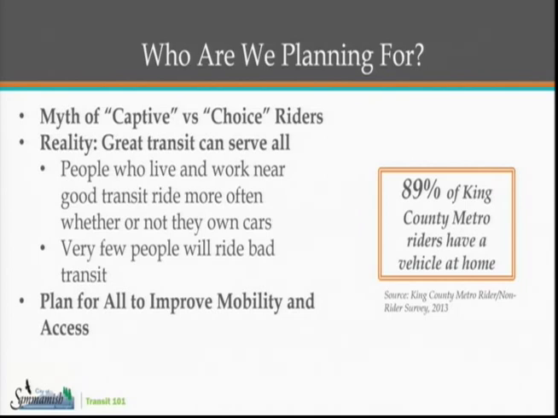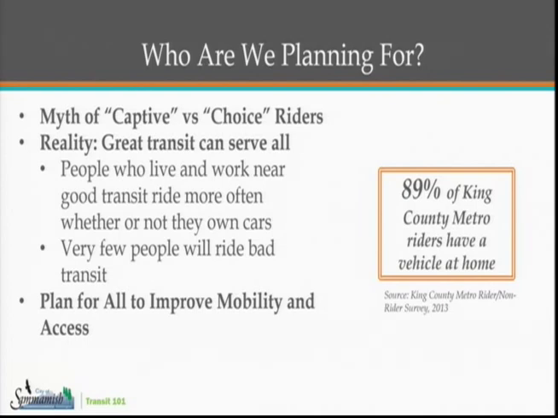But the reality of what we've seen in travel behavior is that if you provide good transit, whether people have a vehicle or other options, they will take it. And if you don't provide good transit, people will find other means to travel, even if they don't have a personal vehicle. The statistic on the right is very telling, particularly for the Pacific Northwest: 89% of all Metro riders have a vehicle at home.